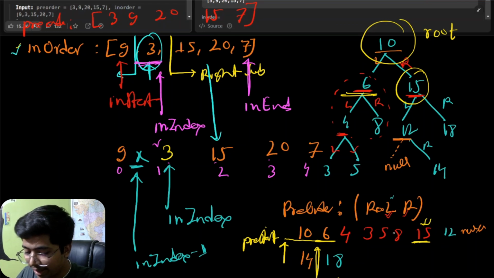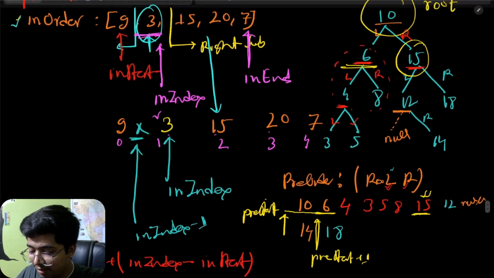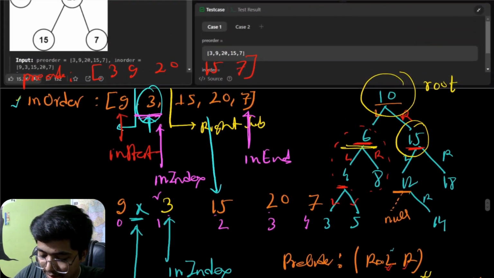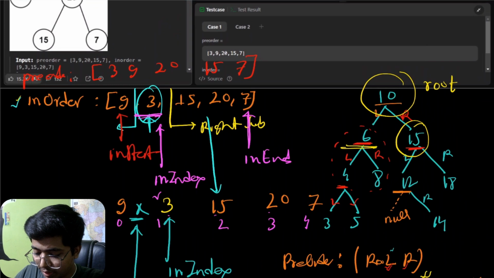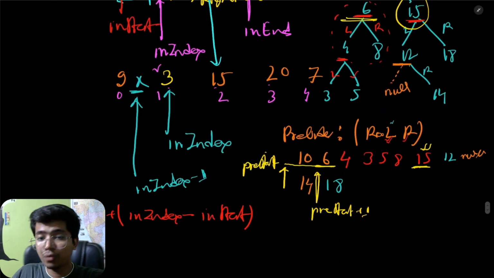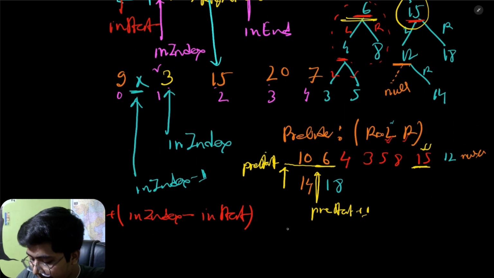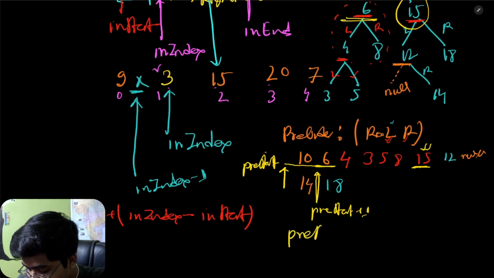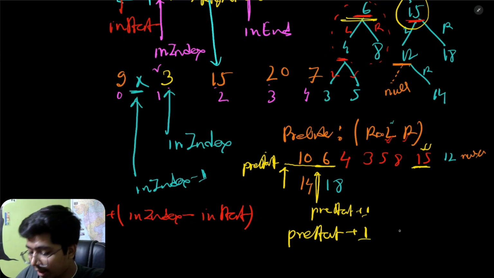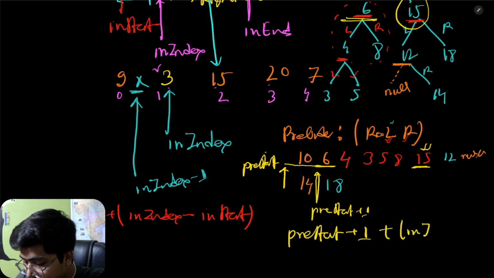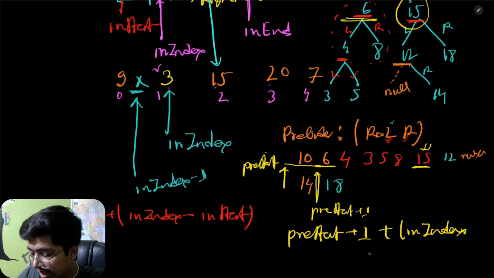So if we make the pre-order and in-order of this 15 like this, the general formula that would give us the result will be pre-start plus 1, plus the in index minus in start.